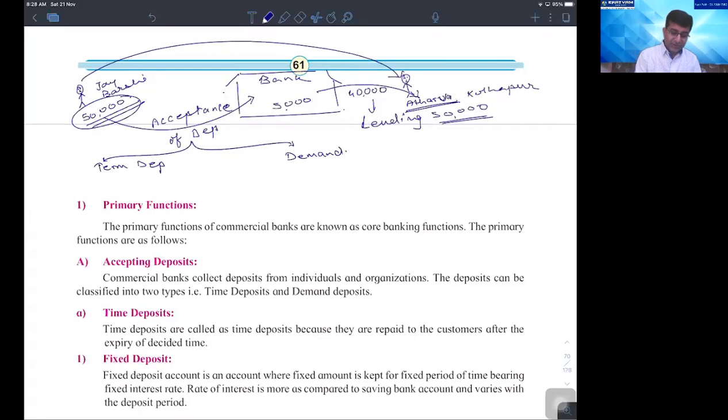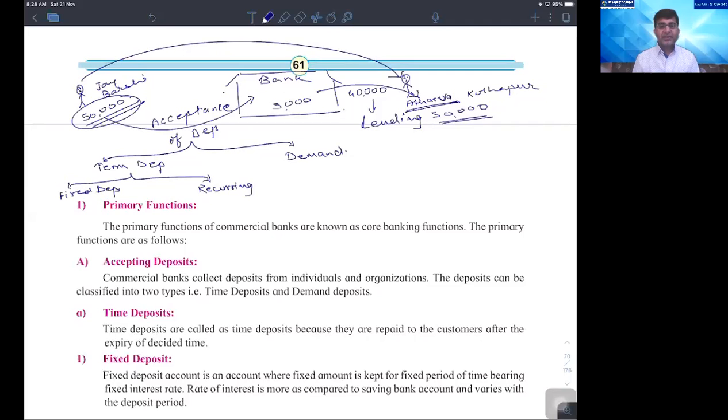So in these term deposits, which are also called time deposits as given in the text, you can have a fixed deposit or you can have a recurring deposit. So recurring deposit and fixed deposit.